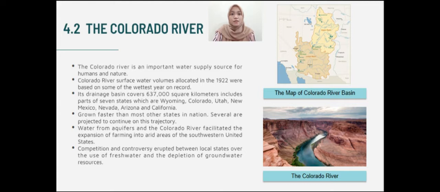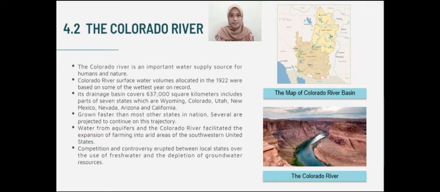In the last 70 years, the Colorado River Basin states have grown faster than most other states in the nation, and several are projected to continue on this trajectory. Water from aquifers and the Colorado River facilitated the expansion of farming into arid areas of the southwestern United States.